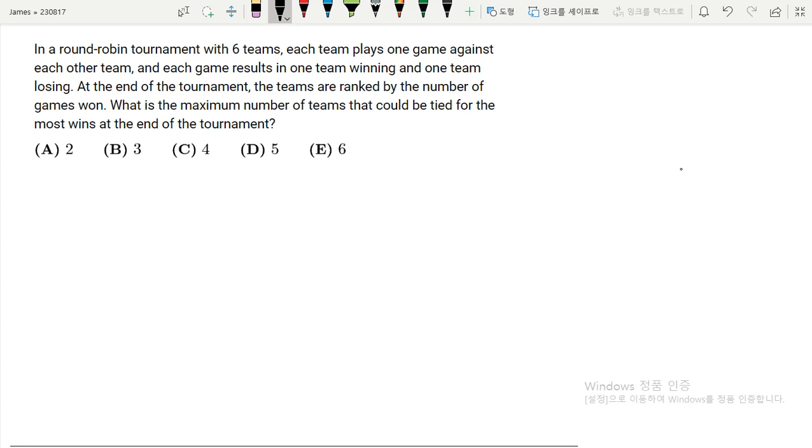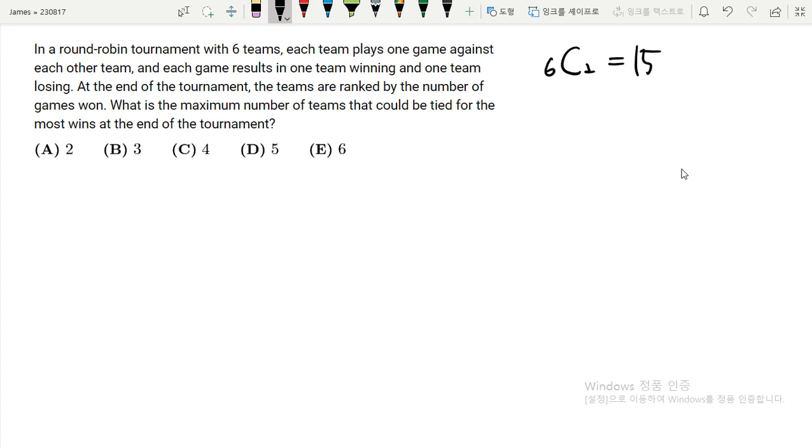So when six teams have a match with each other, it's like selecting two teams out of six. So 6 choose 2 is 15. So if we have 15 games, there must be 15 wins and 15 losses.